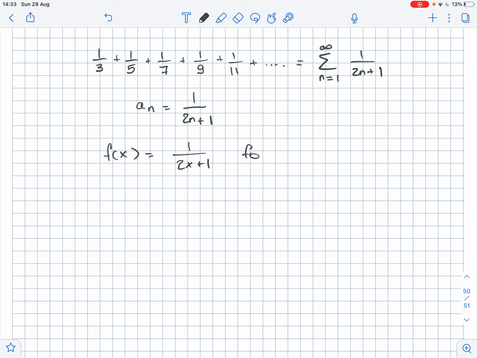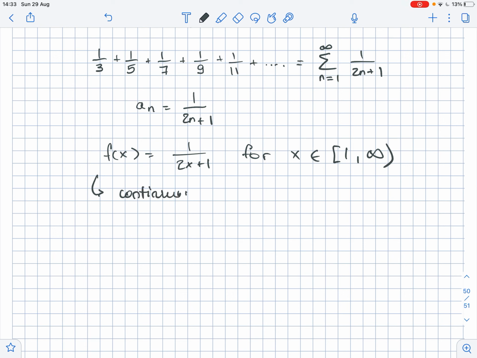So we let f of x equal 1 over 2x plus 1 for x lying from 1, including 1, to infinity. Then clearly f of x is continuous, f of x is positive, and it is decreasing because when x increases, the value of the function decreases.